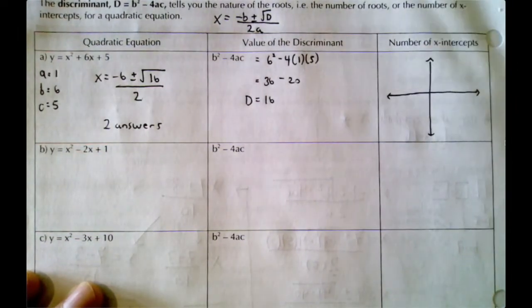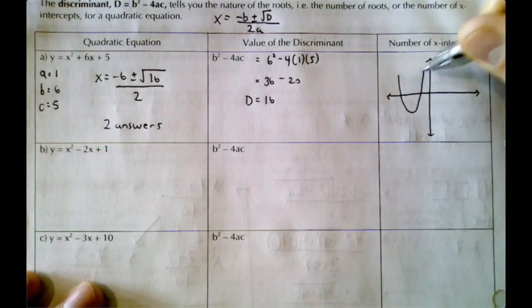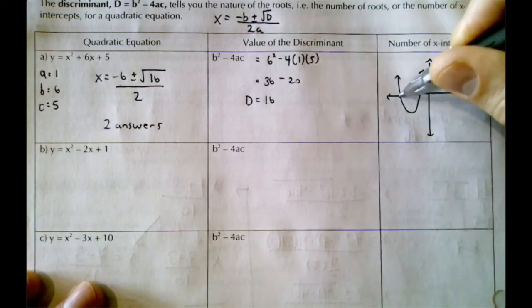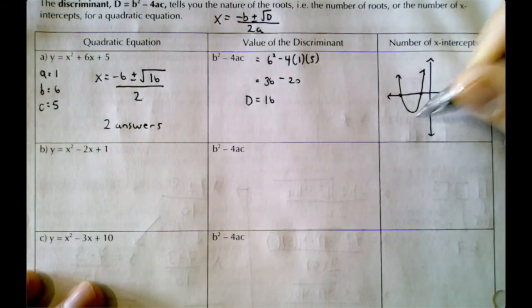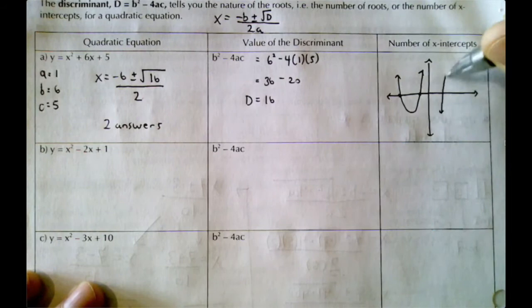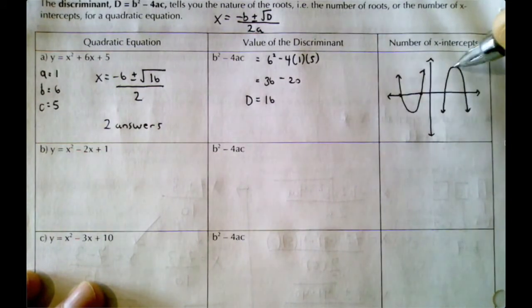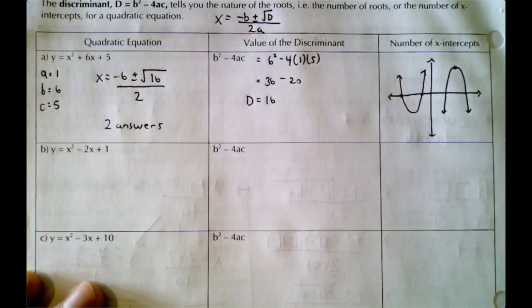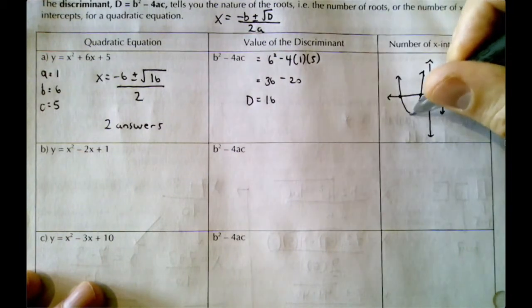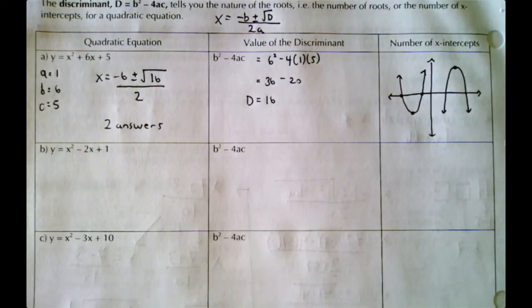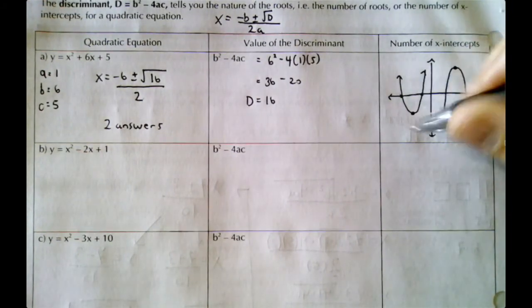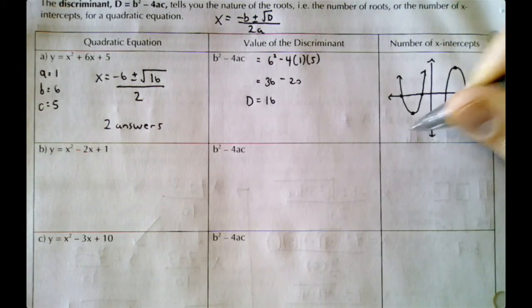So either our parabola looks like this, opens up and the vertex is below, or it looks like this, opens down and the vertex is above. It all has to do with where the vertex is and which way the graph opens. But there are two x-intercepts.